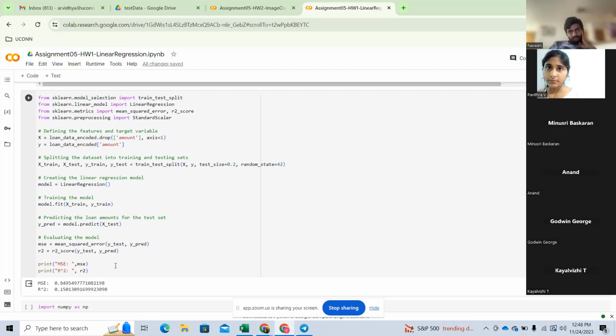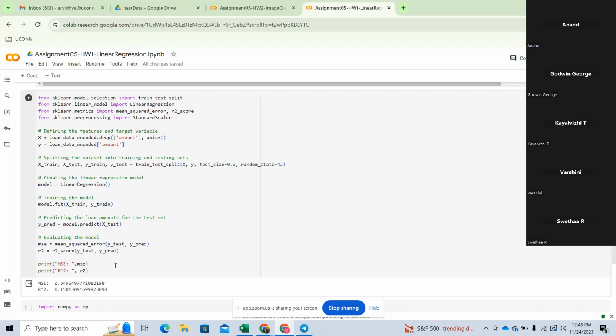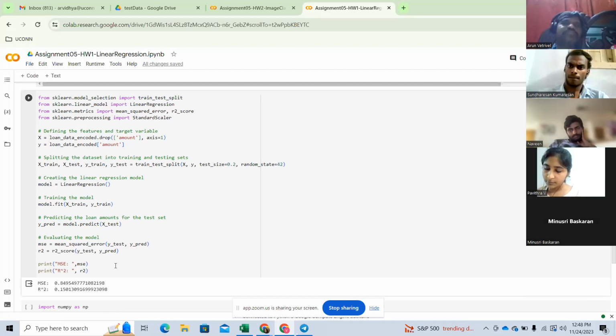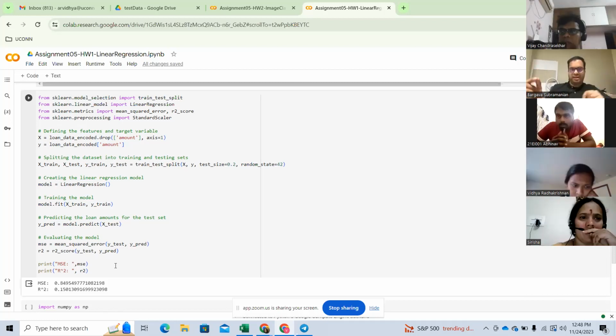Bhargav, can you please come again with your last sentence? So R square tells, my hypothesis is that it's a straight line. Is it really a straight line? How much of my variance is this explaining?